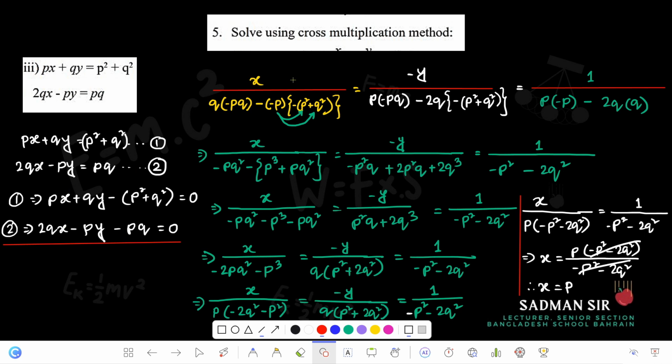This is the first part, second part, third part, and then finally the value of y will be found here. Okay, so now the color of this line changed. That might create a little confusion.